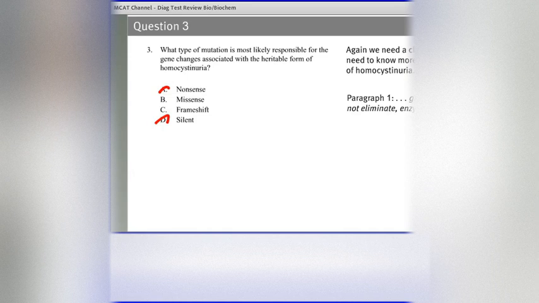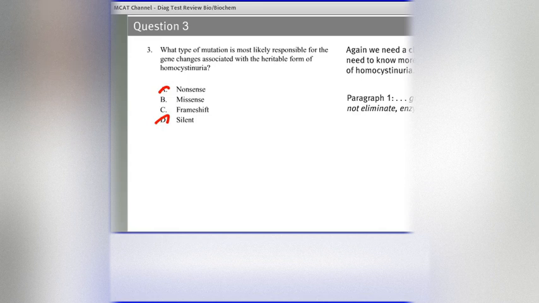So silent mutation, wobble, third nucleotide change, and definitely not what we're seeing here, because it would be doing the same thing. Similarly with nonsense, it's cut. Now, at this point, even if you weren't sure between missense and frame shift, there's an issue. And that's that a frame shift mutation is a larger category.